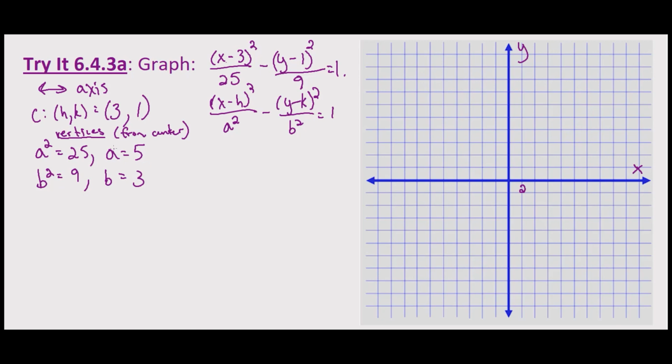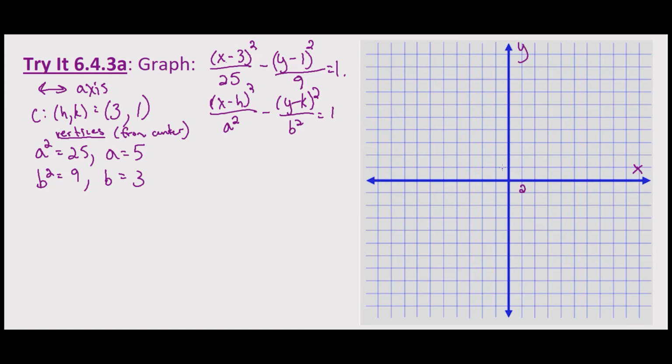So we're going to go those directions for those amounts from the center in order to find the vertices and make the box and then draw in the asymptotes. Our center is at (3, 1), so we'll go ahead and graph that center. 3 is right about here.